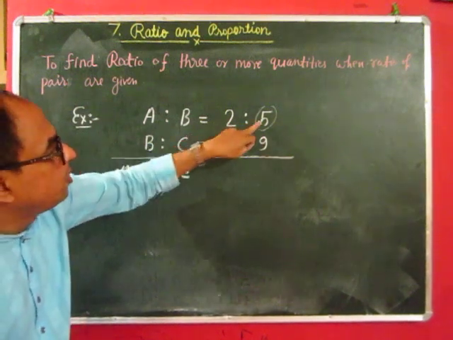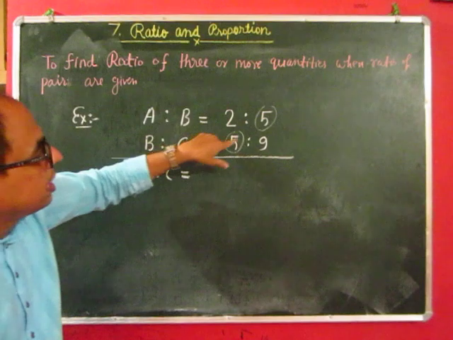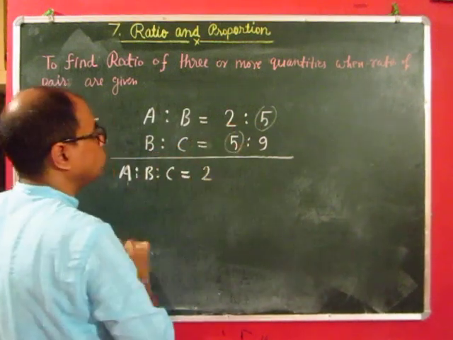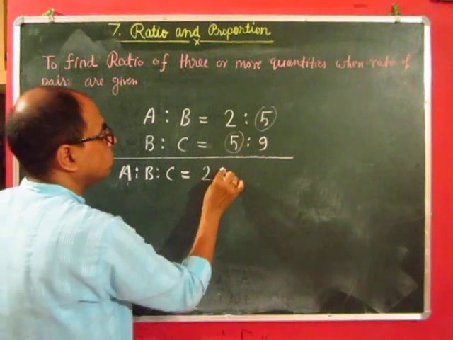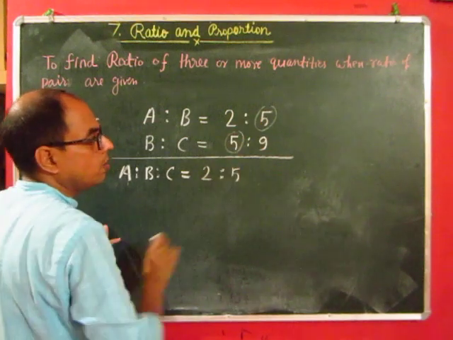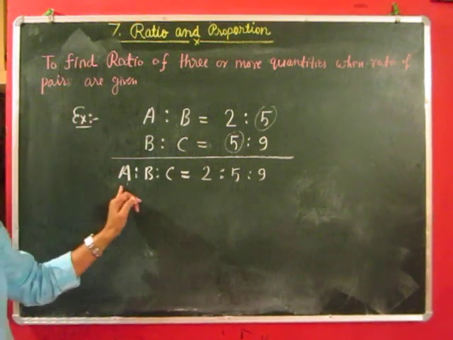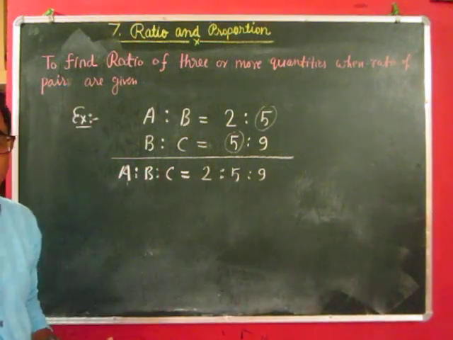So if the value of the common term is equal, then it is very simple. Directly you can write A is 2, the value of B is 5 and the value of C is 9. So this is the ratio of A, B and C.